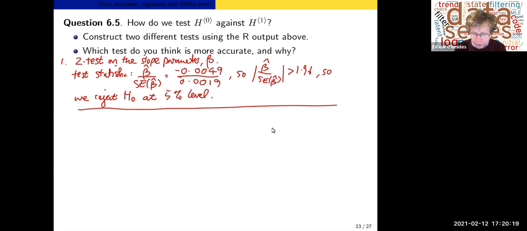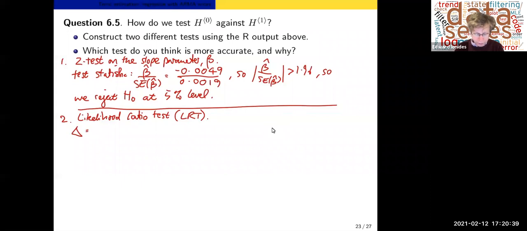And the other thing we can do is a likelihood ratio test, often just abbreviated to LRT. Let's see how we're going to do that.